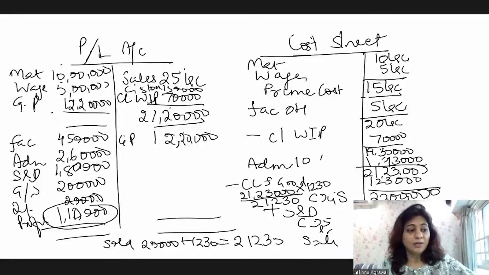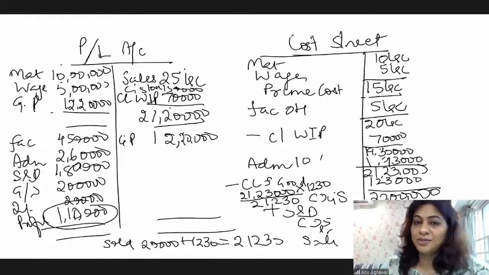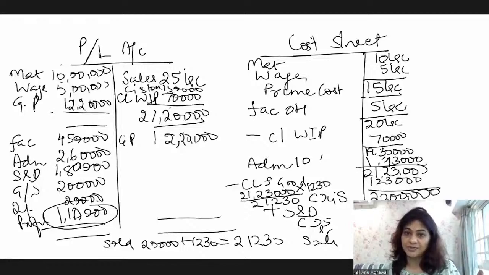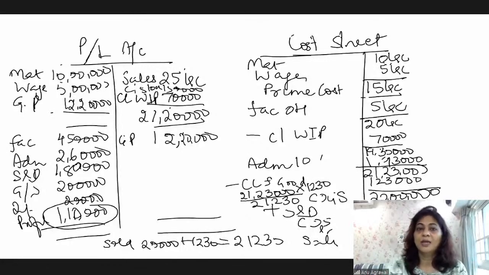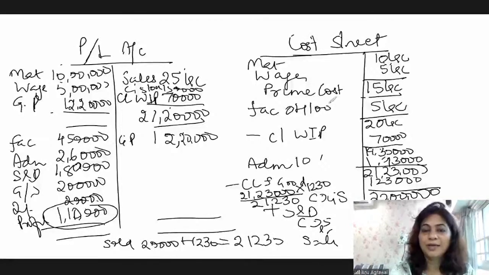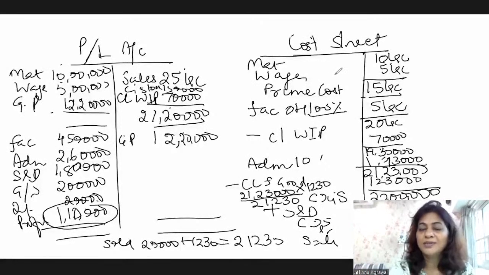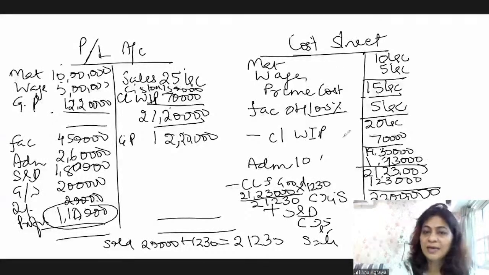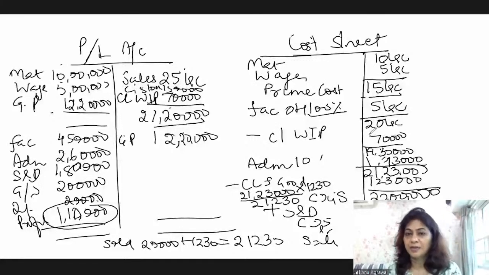Yes. Now, if I tell you each and every step, till material and wages, you didn't have a problem. Factory overhead, why did I charge 5 lakh? Because the question says the production overheads are charged at 100% of wages. So if it is 100% of direct wages, then wages are 5 lakh, that 100% of it is 5 lakh. Right? Then closing WIP figure, I did not put this 70,000. I calculated WIP. How?